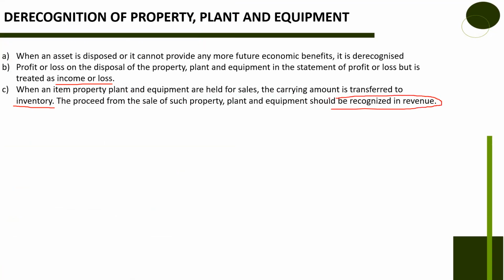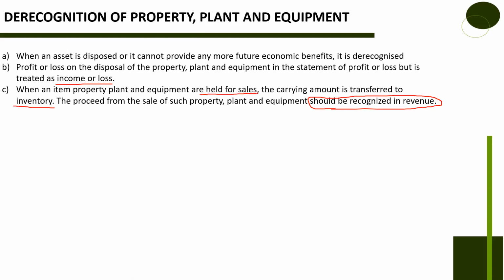Let me give an example with this. Somebody that is selling houses, would they recognize the house they are selling under PPE, or under inventory? They will recognize it under inventory, because that's what they are holding it for sale.